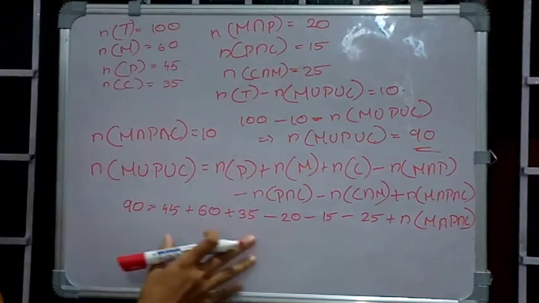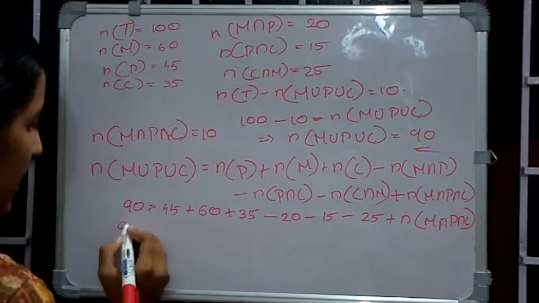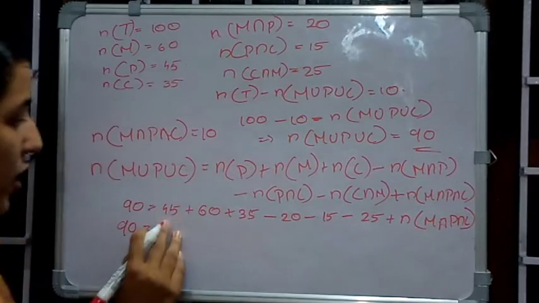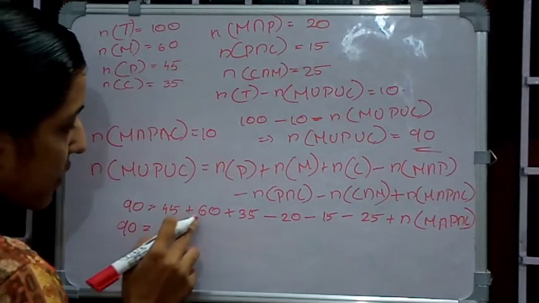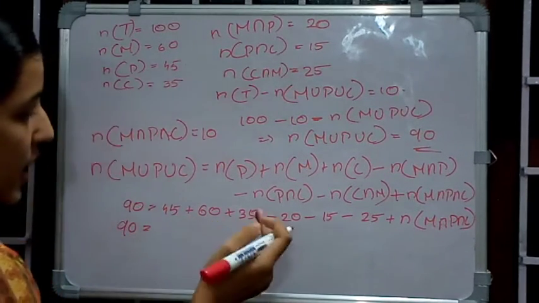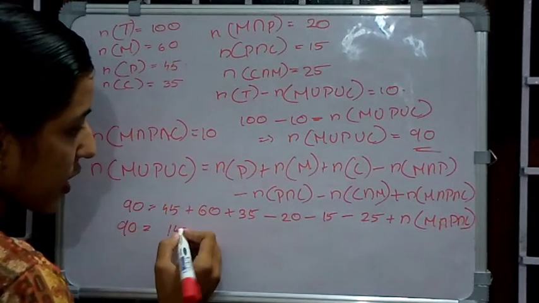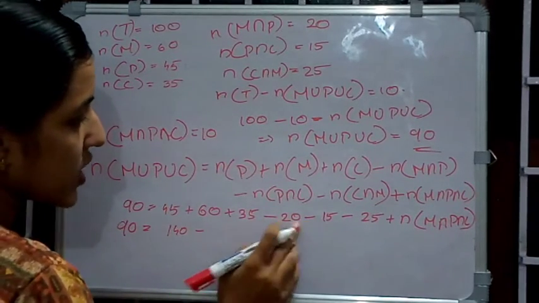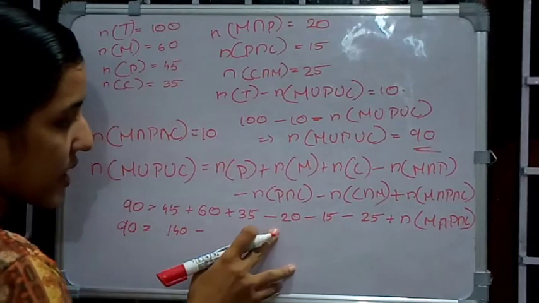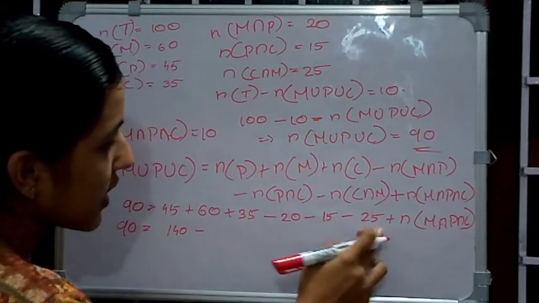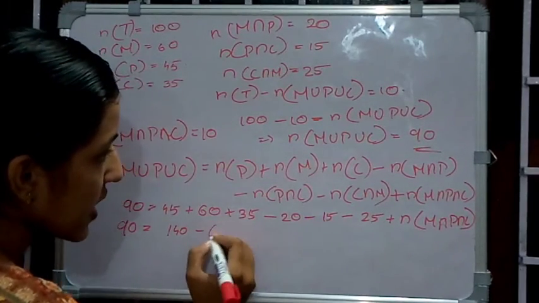On solving this we get 90 equals 45 plus 60 is 105. 105 plus 35 is 140. 140 minus 20, minus 15 is minus 35. Minus 35 minus 25 is minus 60.